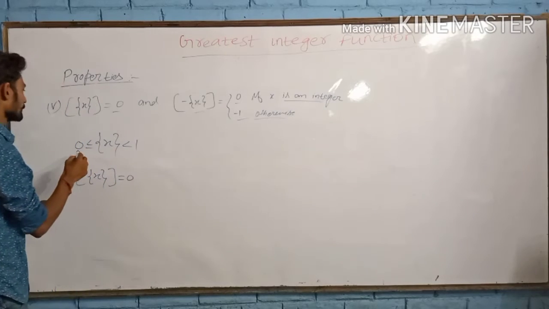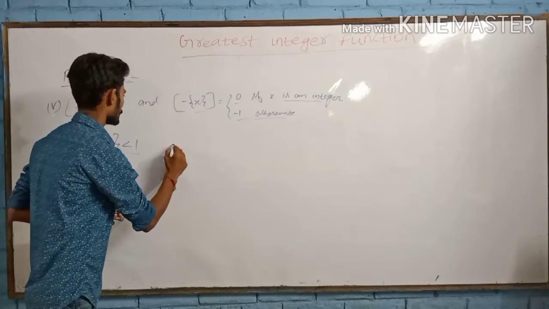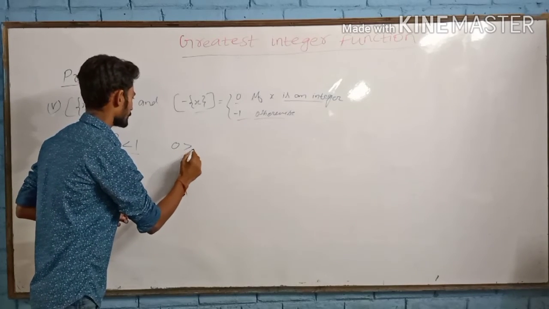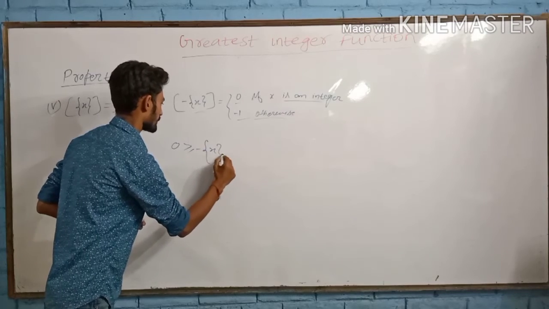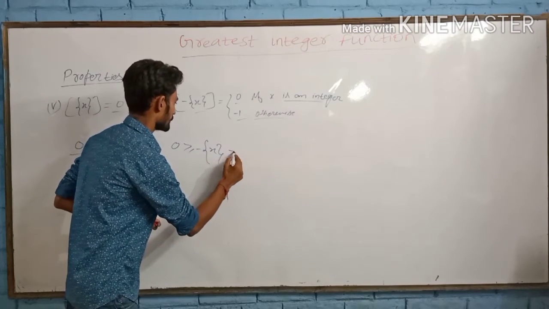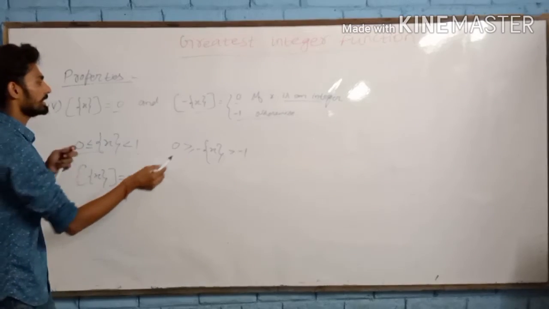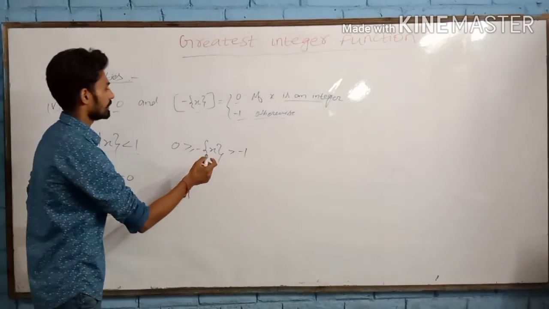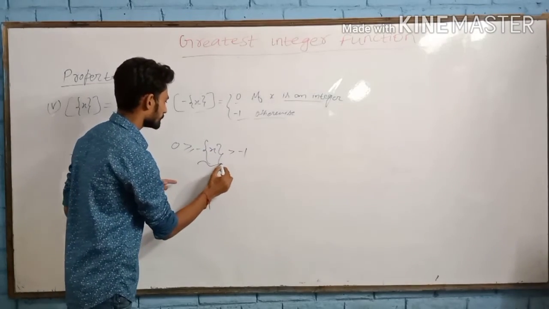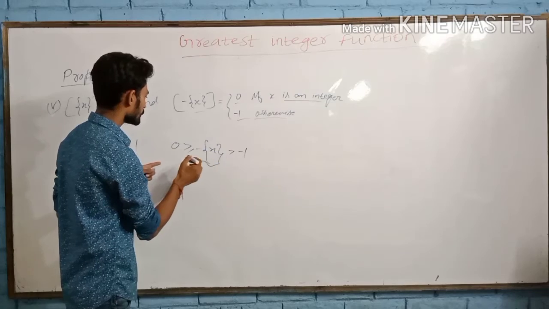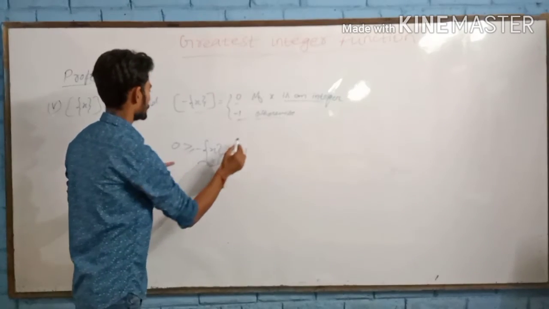And now I am going to multiply minus 1 into this. So 0 is greater than or equal to minus the fractional part of x, which is greater than minus 1. As you can see here, when this part belongs to minus 1 to 0, then it gives minus 1.